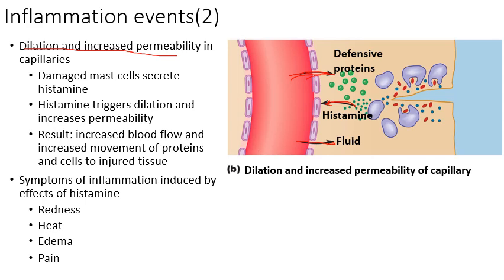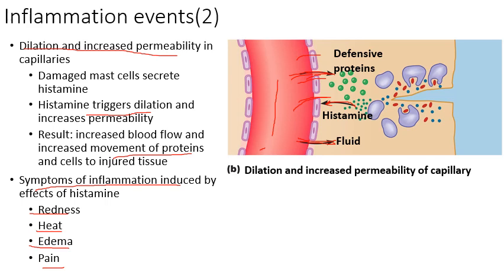this increased blood flow, more permeability. Right, this is why you get that redness. You get that dilation and that permeability. You get more fluid out, movement of proteins out, and that is what you think of as an inflammation. You get that redness, that heat, also edema, and some pain there.